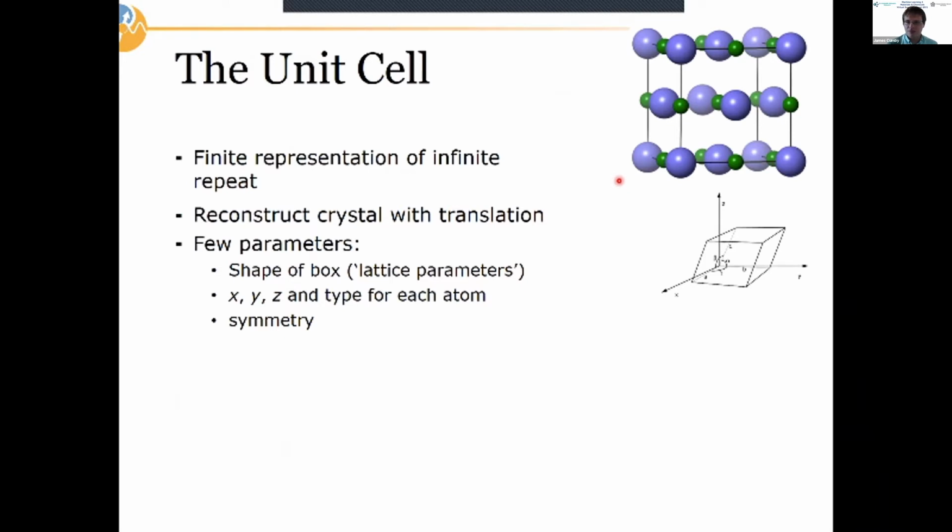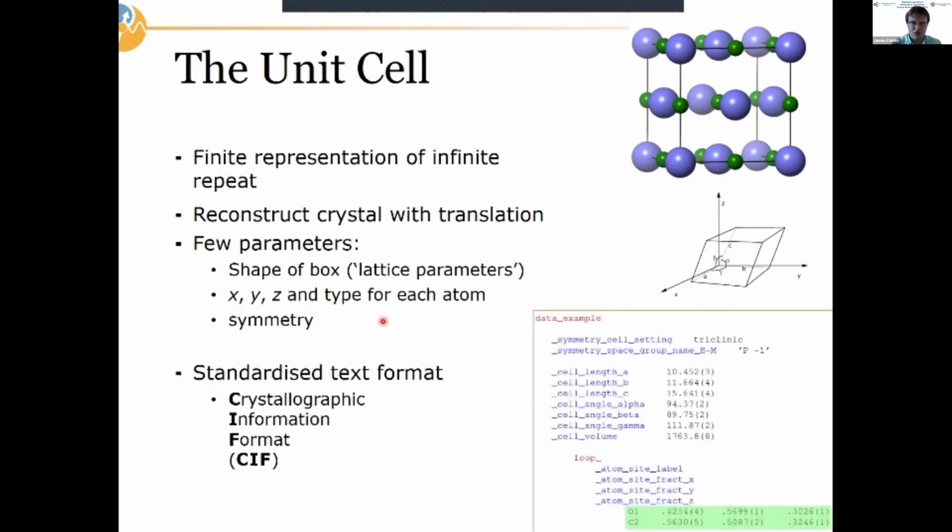We have a well formatted way of discussing these in terms of the shape of our box, so the shape of our lattice parameters, the coordinates of each atom within the box, and also symmetry. And even better from the point of view of machine learning, there is a standardized format for delivering this information. So this is the crystallographic information format, CIF. And that's really nice. It's well defined, everything has its place, everything is logical.